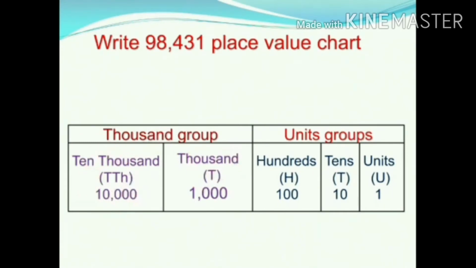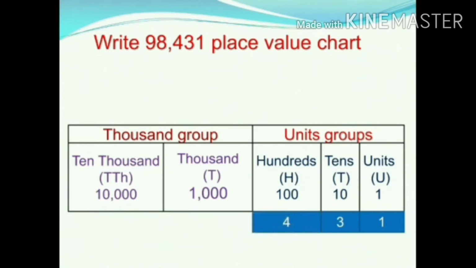First we will go from right to left. From the right, the first digit is 1. So we will write 1 in the units place. Now the second number is 3. The second place is tens. So we will write 3 in the tens place. Next the third number is 4. The third place is hundreds. So we should write 4 in the hundreds place.